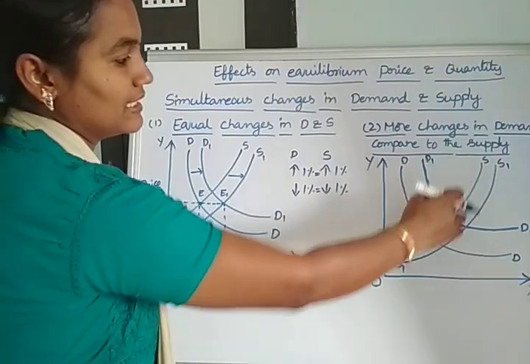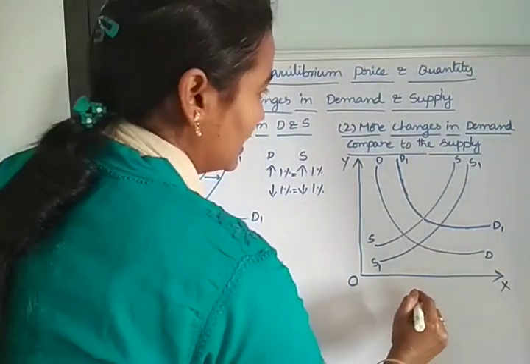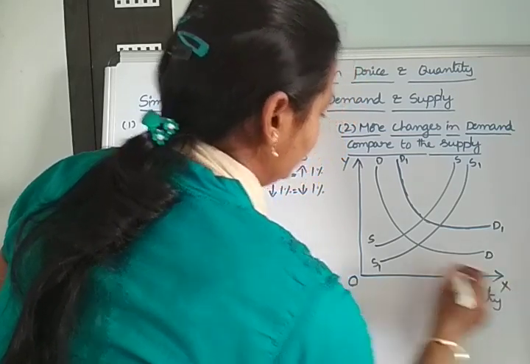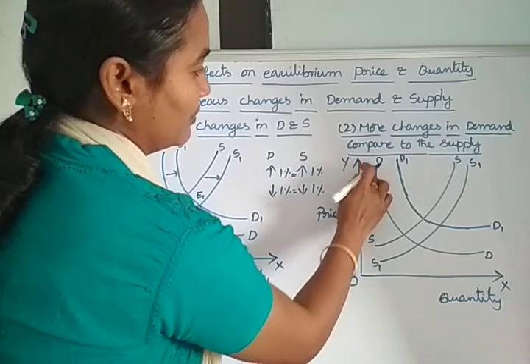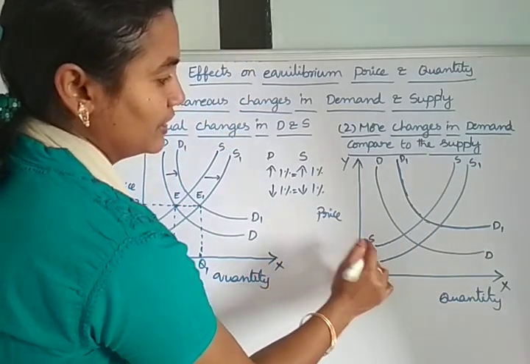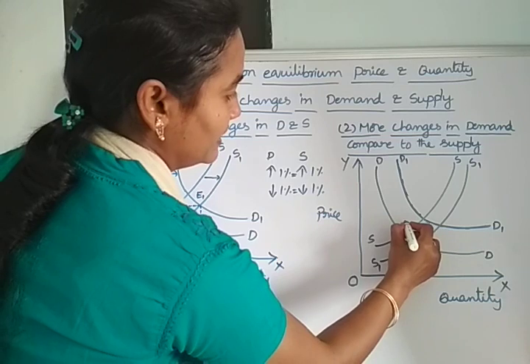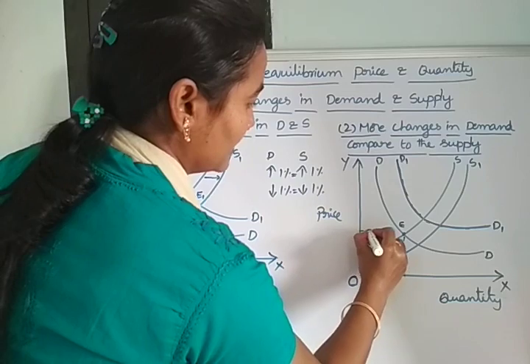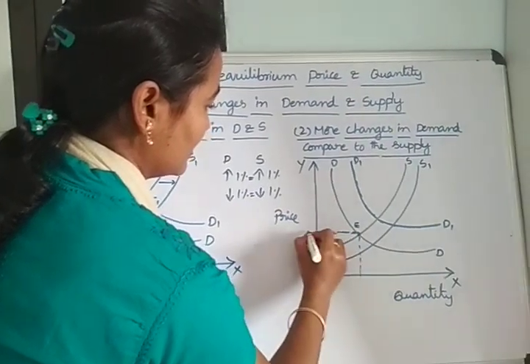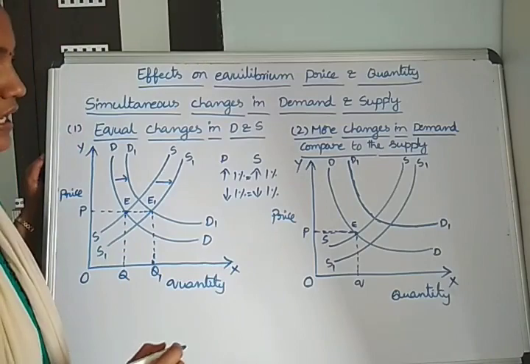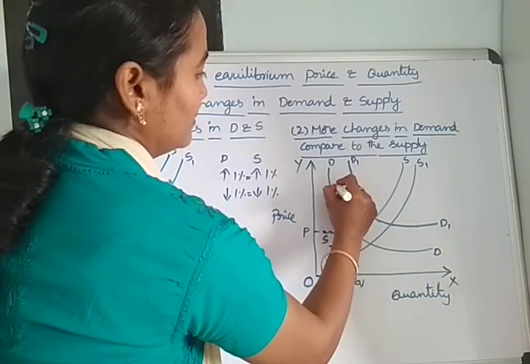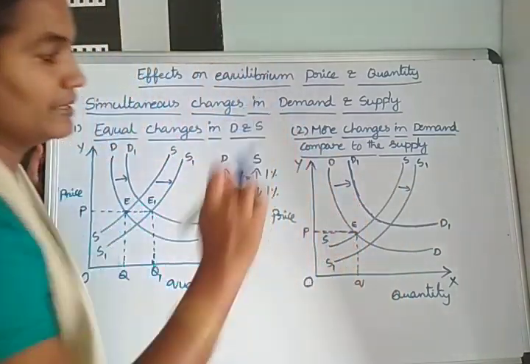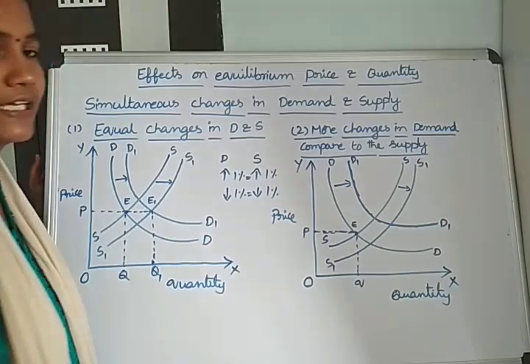DD and SS are the original demand and original supply curves. This axis is quantity and this is price. The two curves intersect at point E. Then demand increases, so the demand curve shifts to the right, and supply also increases, but compared to demand the rate of increase is less.